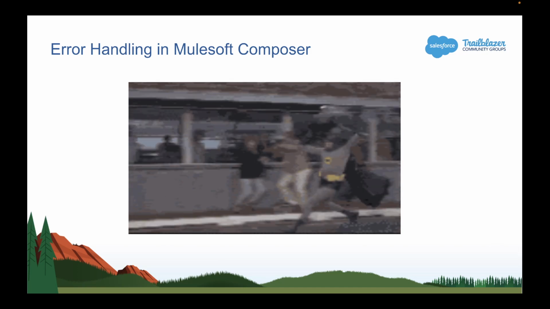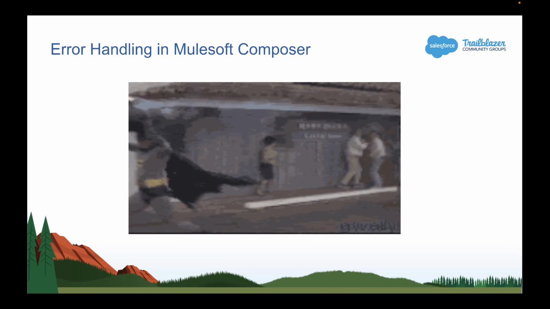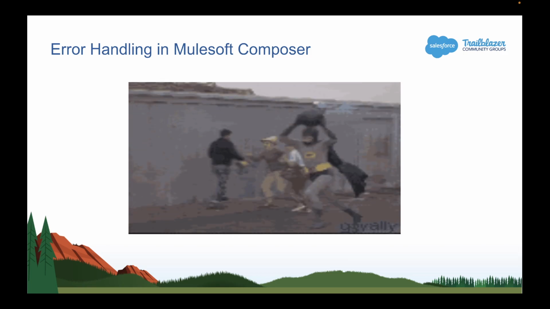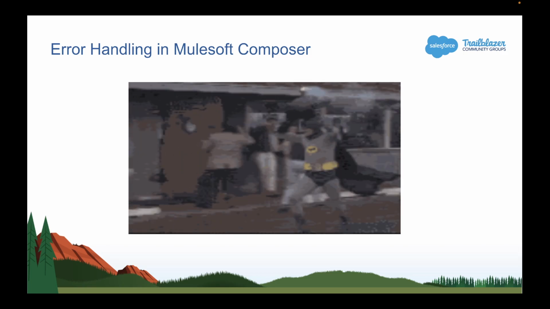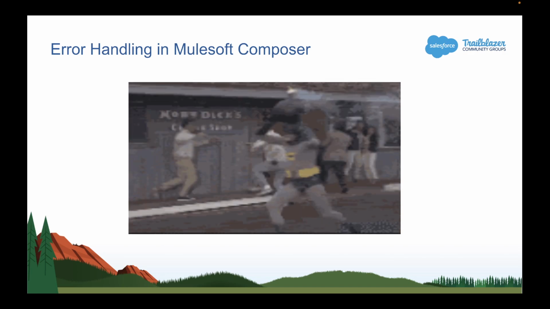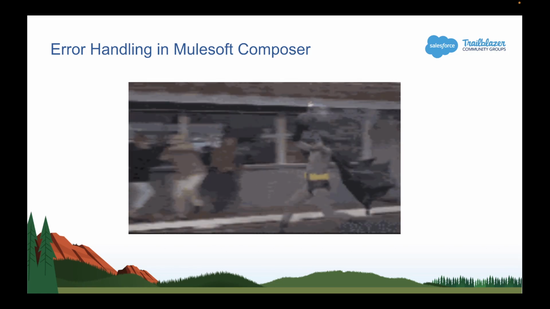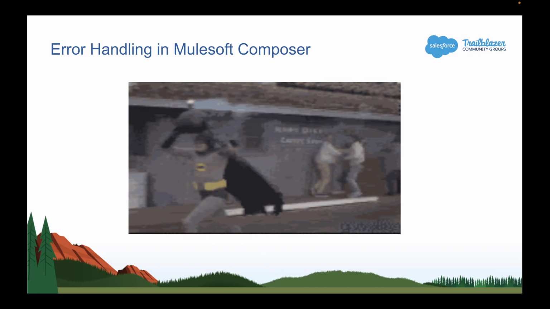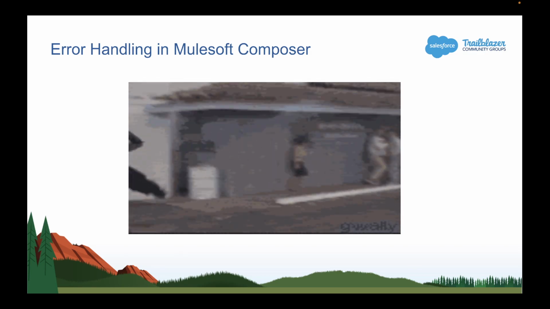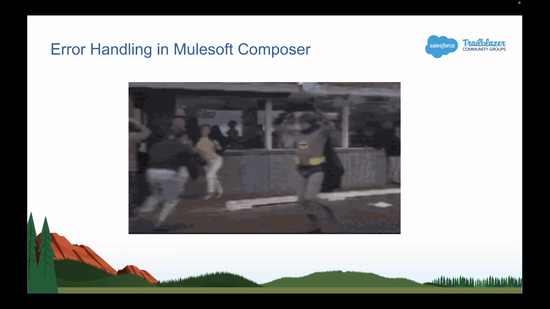Many users were complaining that even though MuleSoft Composer was throwing an error, the flow was still activated, so there were multiple instances where the flow was continuously throwing errors. Even if it threw an error once, for the next five instances it would again throw an error because of some critical edge cases, right?